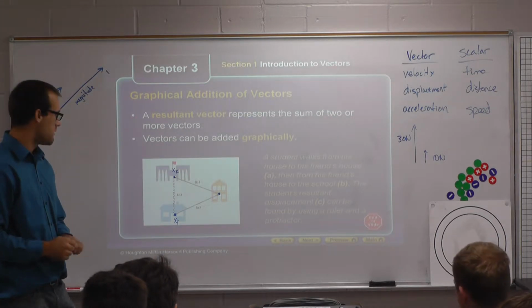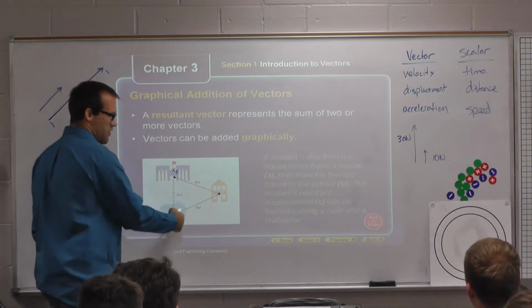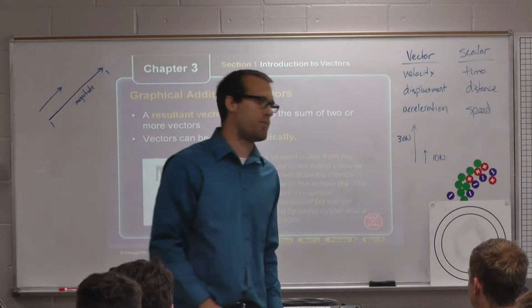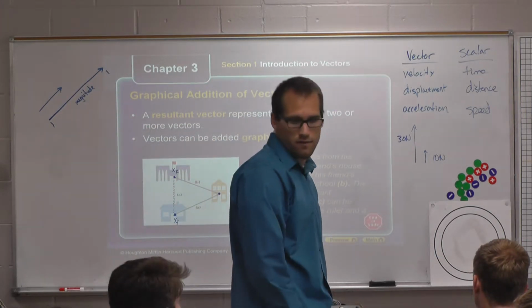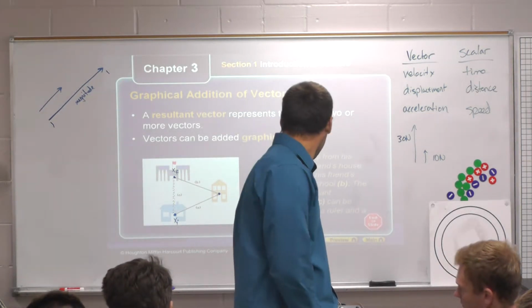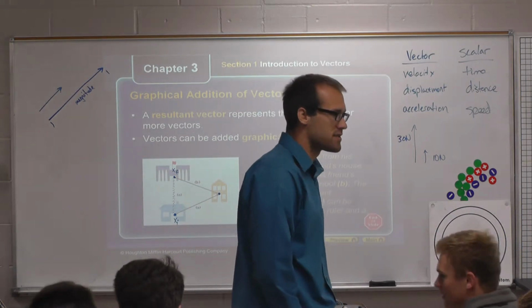No. So technically, I've got to orient my problem in a way that will make this easier. And usually you put one of them on the X or Y axis and you deal with the other accordingly. Is AB the distance? Yeah. You added A plus B, yes.